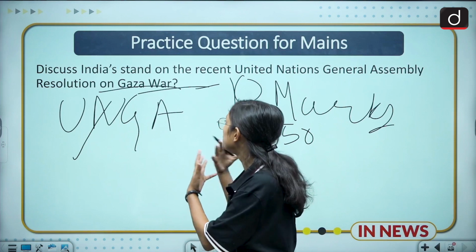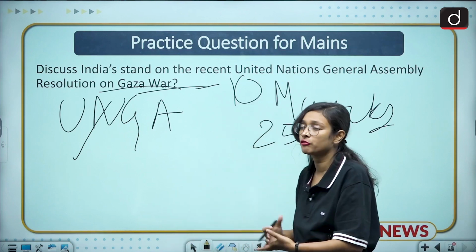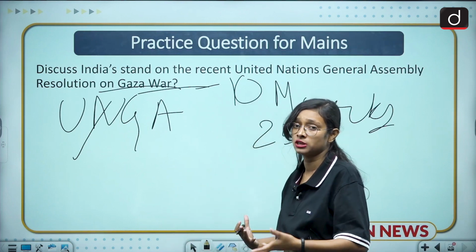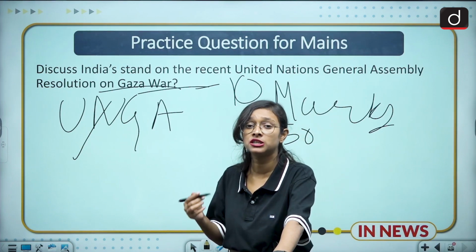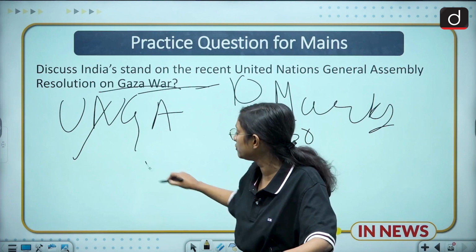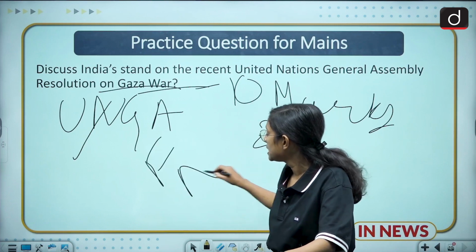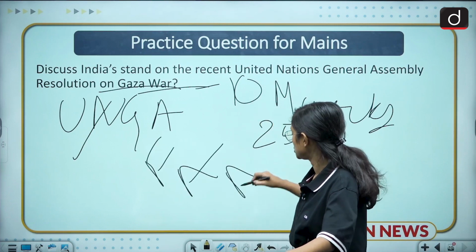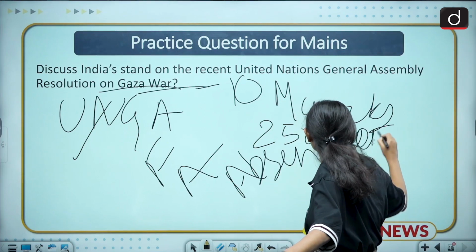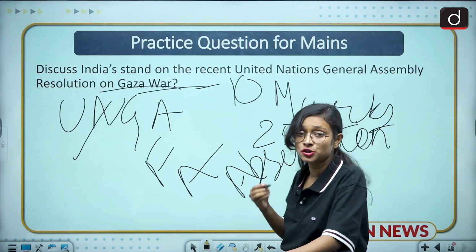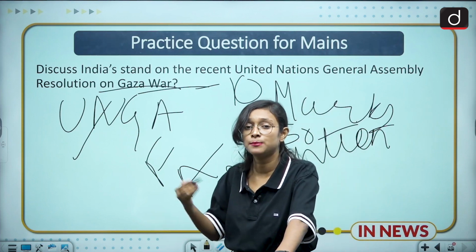Then coming to the main part of the question, which is the body: what is India's stand on it? You already know that in a UNGA resolution there are three kinds of mandate: one is in favor, second is against, and third is abstention. India adopted abstention in both wars, the Russia-Ukraine war and also the Israel-Palestine war.